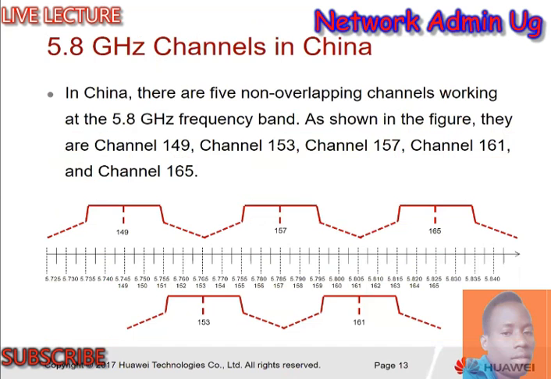So typically for China, the 5.8 gigahertz channel is much more reserved. It is put into what we call the non-overlapping channel, and it is being used in China in order to do operations. Remember that China has reserved 5 non-overlapping channels, and the 5.8 gigahertz frequency band is one of these. These channels have IDs that correspond to 149, 157, 165, 153.